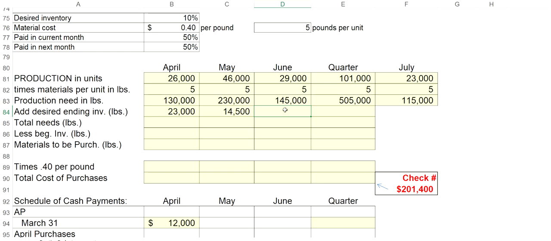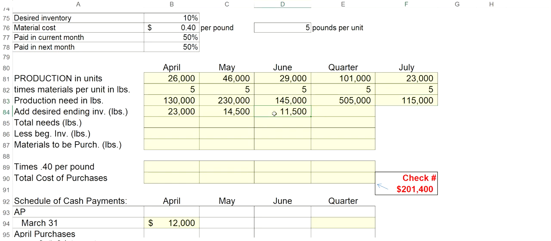Now for June, I will take 10%, but make sure that you pop out here to July. I need 10% of July's 115,000. Don't take 10% of 505. That's the quarter. I want 10% of July.